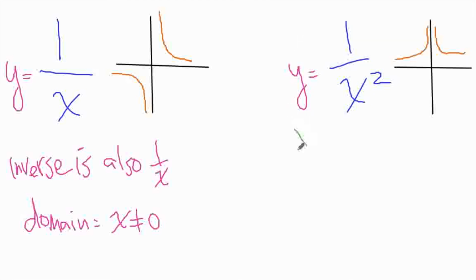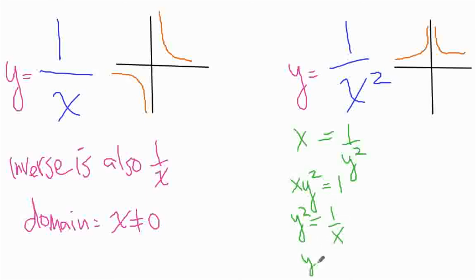So I'm going to swap the x and the y, and now I'm going to solve for the y. x y squared equals 1. y squared equals 1 over x. y equals plus or minus 1 over the square root of x. So I said that it's limited, so we're going to limit it to only considering the positive part, 1 over root x. Okay, so that is the inverse of 1 over x squared, and that's only for a limited domain.